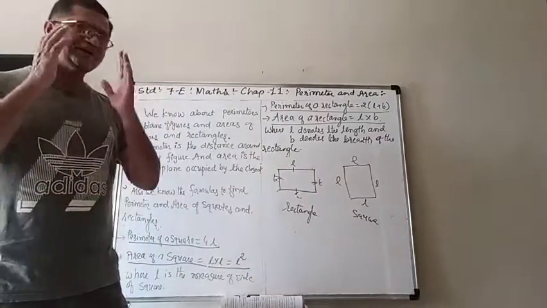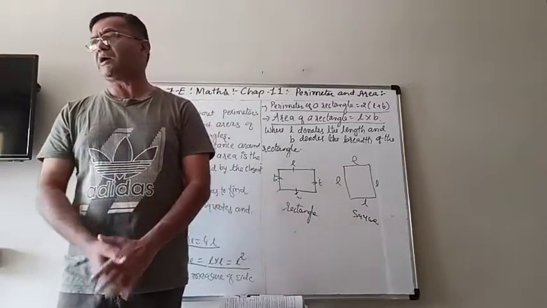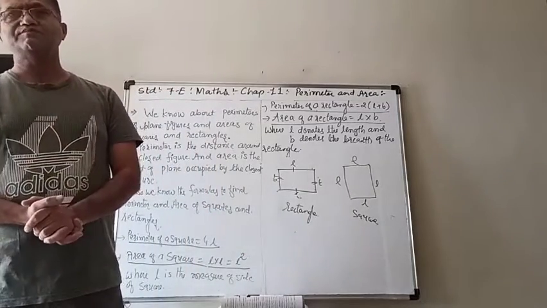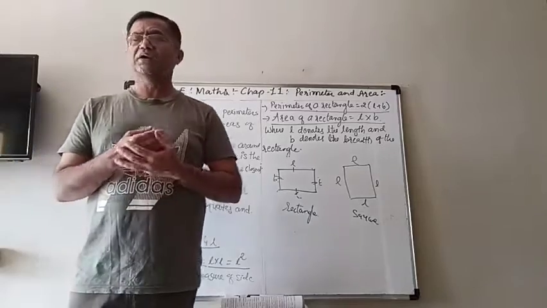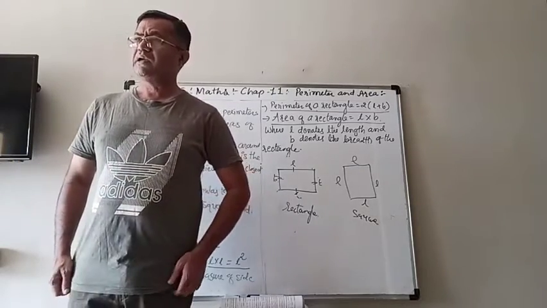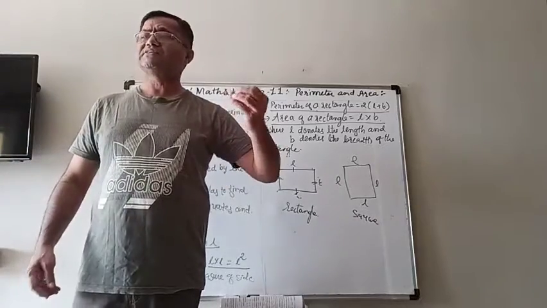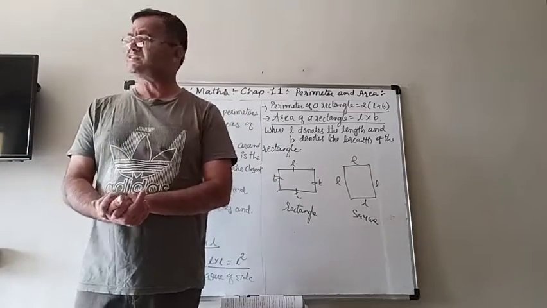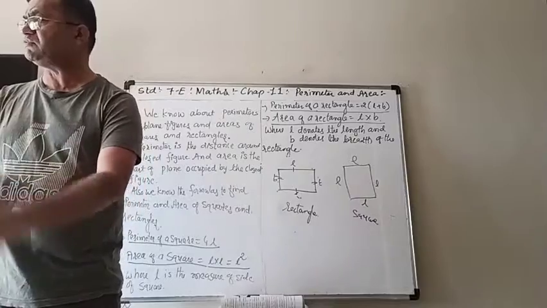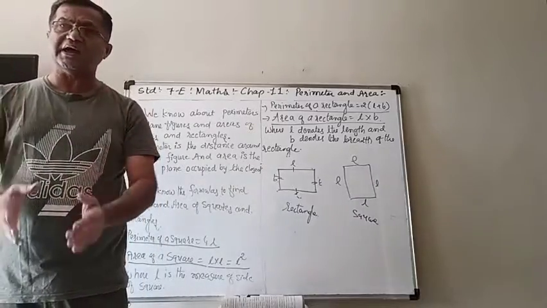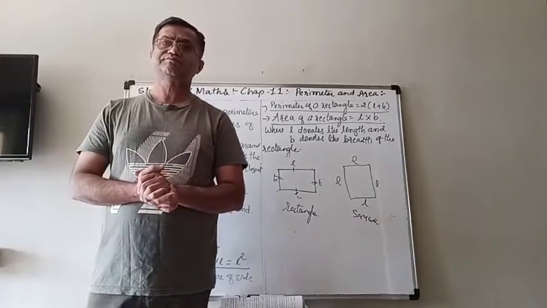If it is given to find the perimeter of the square or rectangle, or the area of the square or rectangle, and then you have to find the cost of painting or something, then it is clear in your mind because it is directly given to find the area or the perimeter.